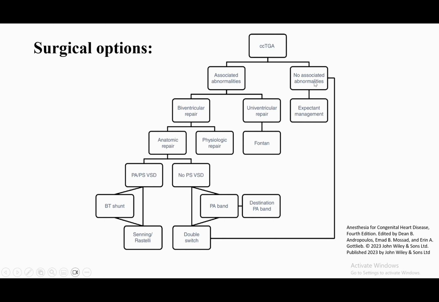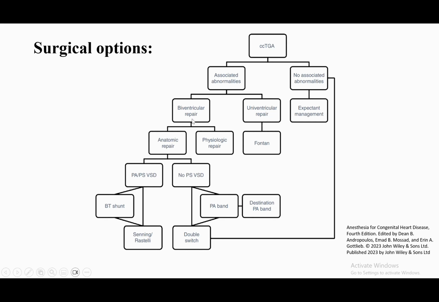If no associated anomalies, we either do expectant management, doing nothing with the risk of RV failure later in life, or we do a double switch operation. If associated anomalies are unrepairable, we do a univentricular repair, a Fontan procedure, and we go through the path of a single ventricle.